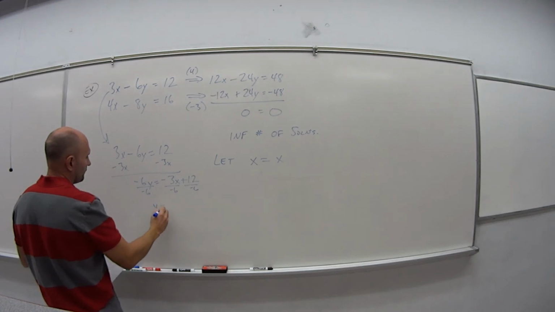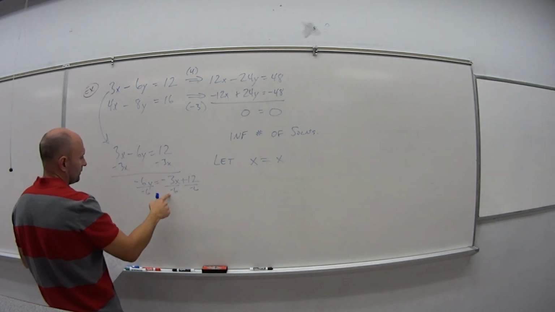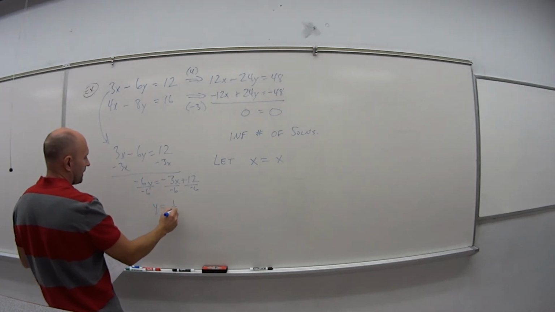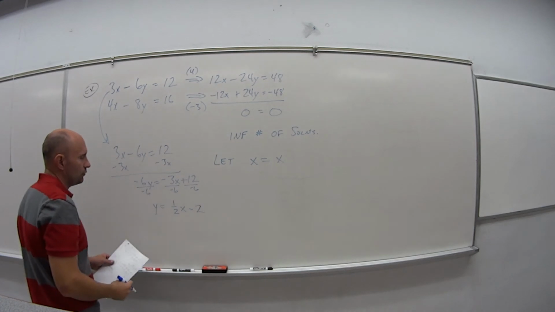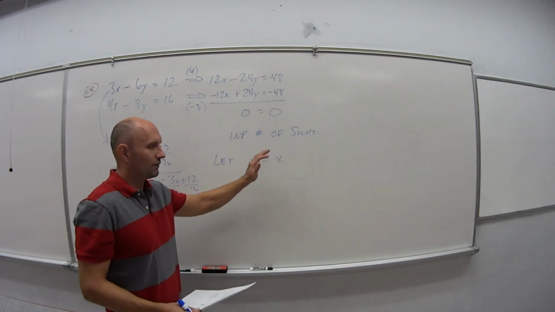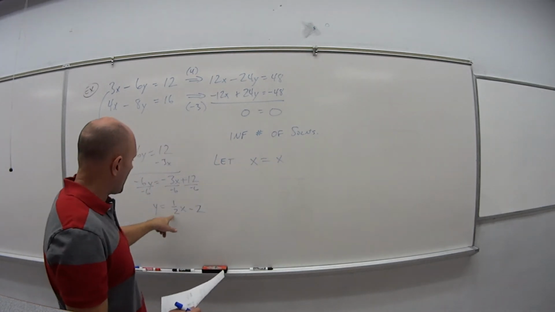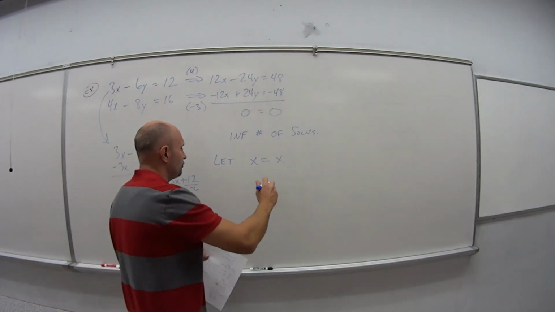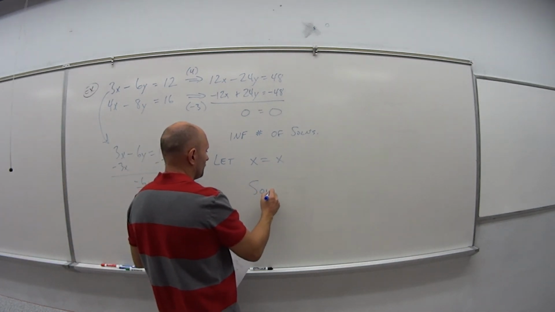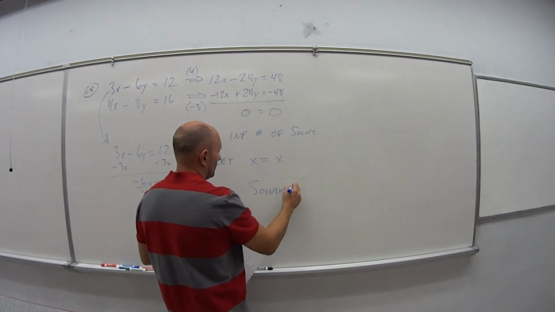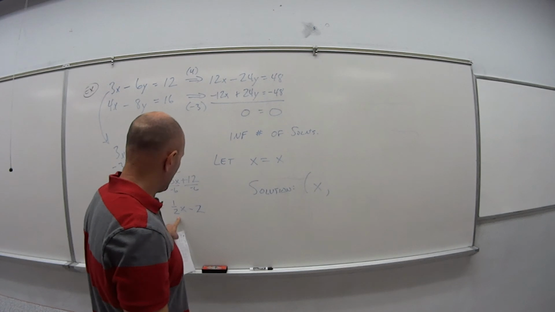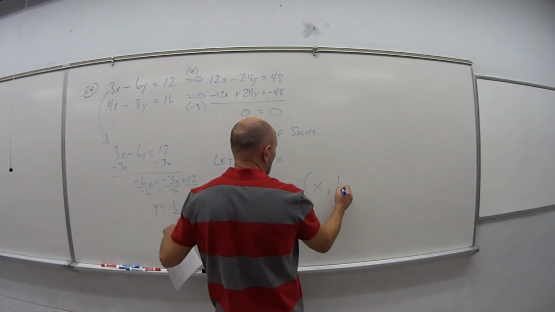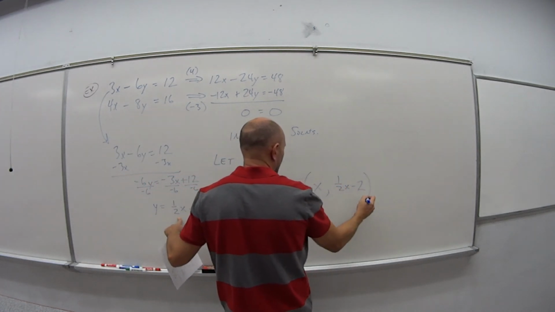The negatives cancel out, so I get 3 over 6, which is 1/2, and 12 divided by negative 6 is negative 2. So x is equal to x, and y is equal to 1/2 x minus 2. My solution would be written as the ordered pair x, and then whatever y is in terms of x: x, 1/2 x minus 2.